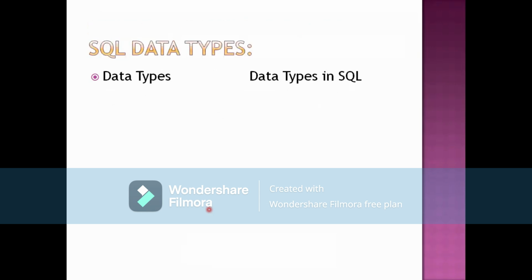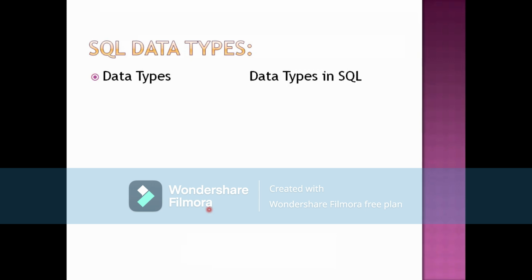The next one is SQL data types. What are SQL data types? Different types of data types are available in SQL also, such as the string data type, varchar, and integer data type.